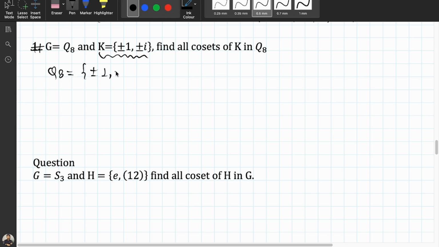Nothing but plus minus 1, plus minus i, plus minus j, plus minus k, where i square, j square, k square, and also ijk.